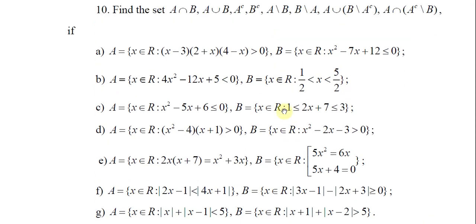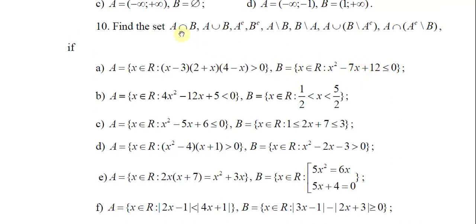Okay, now if you have this kind of sets, for example, the first set is the solution of this inequality, and the second set is also the solution of this inequality, and you need to find the intersection of A and B or the union of A and B. Firstly, we need to solve these inequalities, find the sets of solutions, and then find what we need: intersection or union or complementation.